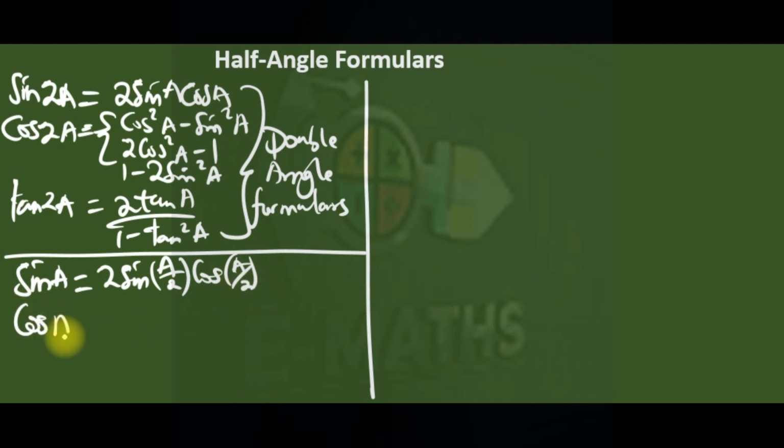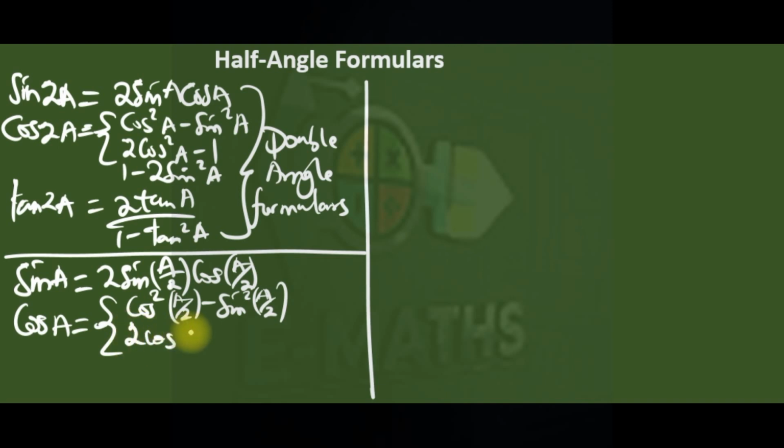So for cos a, I have three formulas: either cos squared half a minus sine squared half a, or 2 cos squared half a minus 1, or 1 minus 2 sine squared half a.